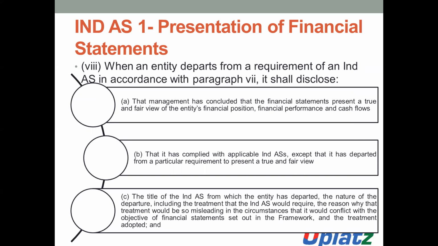When any organization departs from the requirements of IND AS in accordance with paragraph 7, the management has concluded that the financial statements present a true and fair view, presenting the entity's financial position, financial performance, and cash flow in the proper manner.